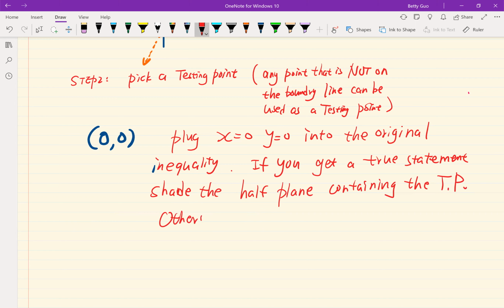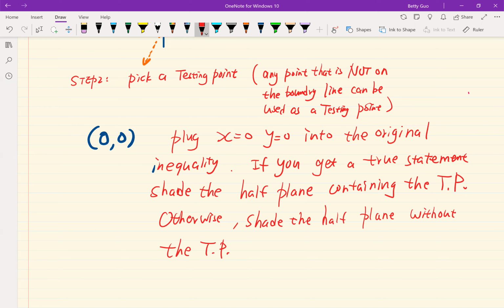Otherwise, shade the half plane without the testing point. Yes, please have the sentence written down.